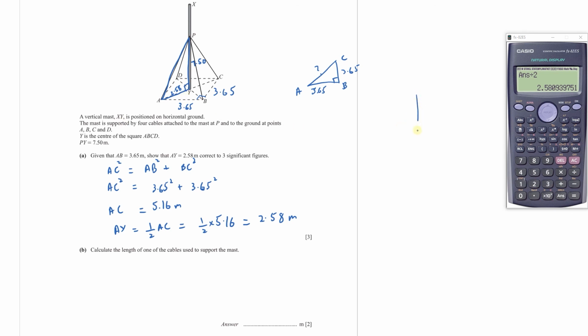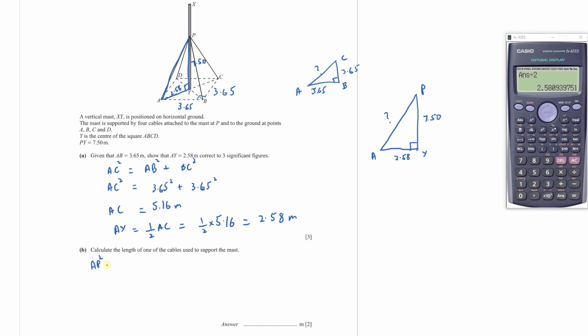So if I look at this triangle AYP, AY is 2.58, PY is 7.5, and this is the length of the cable, which is unknown, and this angle is 90 degrees. So again, we can use the Pythagoras theorem.